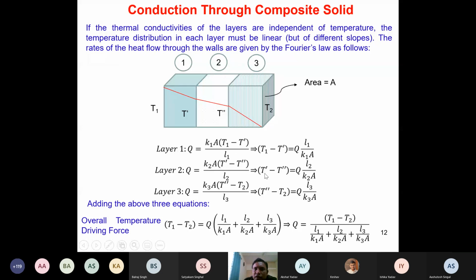T dash minus T double dash is given as Q into L2 divided by K2A. Similarly for layer 3 we can write the Fourier law of heat conduction as K3A into T double dash minus T2 divided by L3. Again rearranging, we obtain T double dash minus T2 equals Q L3 divided by K3A.